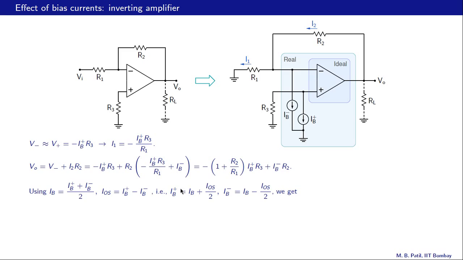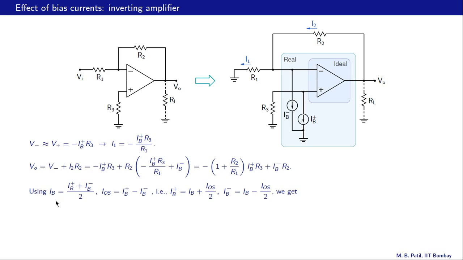Let us now rewrite this expression for VO in terms of IB, which is IB plus plus IB minus divided by 2. We have seen this definition earlier. That is the average of these two currents. And IOS, which is the offset bias current, which is the difference between IB plus and IB minus.